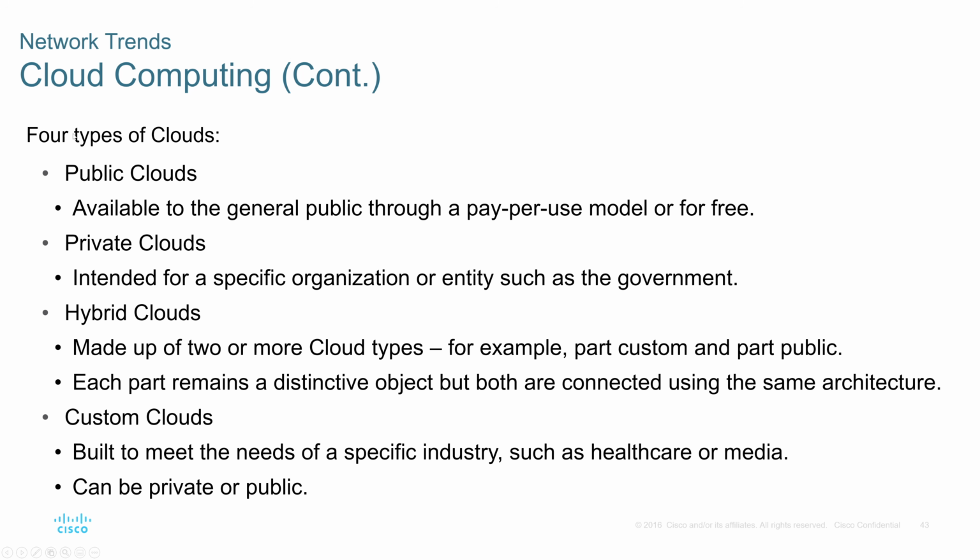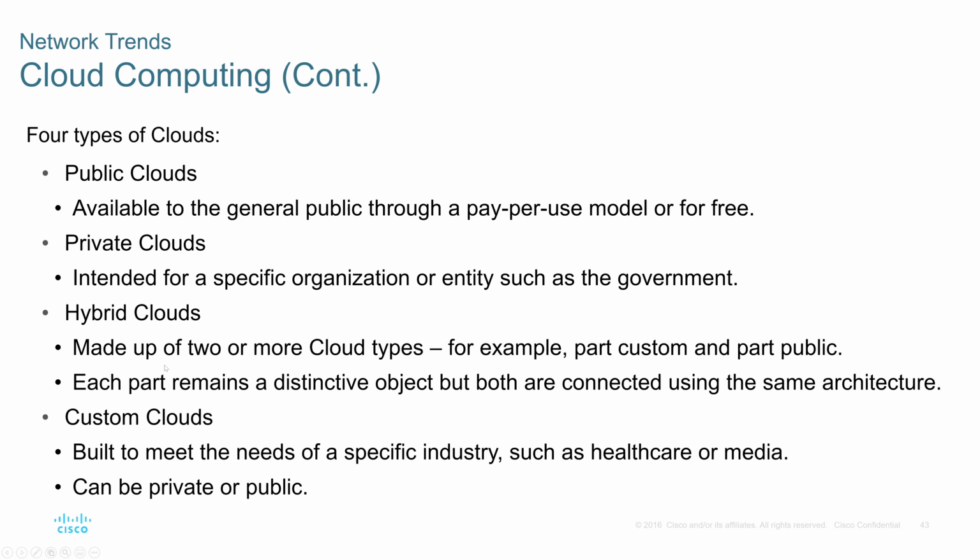And there are a couple of different types of cloud computing. Public clouds, which are available to the general public through a pay-per-use model or for free. And then we have private clouds, which are intended for specific organizations or entities such as governments or the University of Calgary engineering or research networks, which could be considered a private cloud.